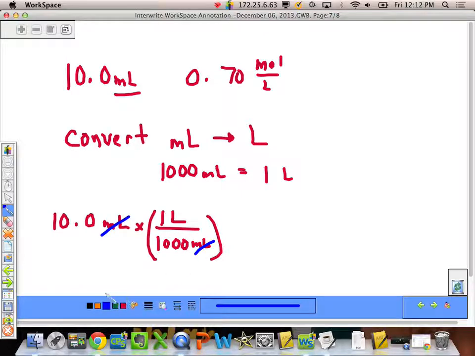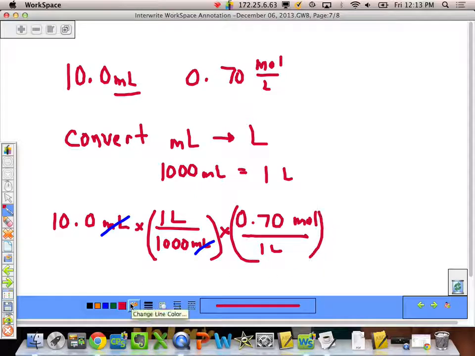And then I can multiply it by my other given, my 0.70 moles over liters. 0.70 moles per 1 liter. And what cancels out this time are my liter units. Now I just have moles.